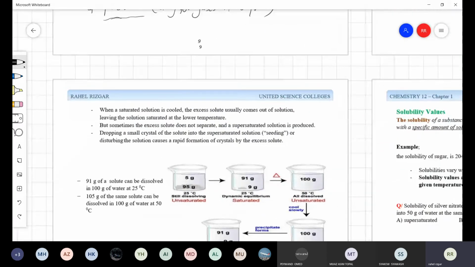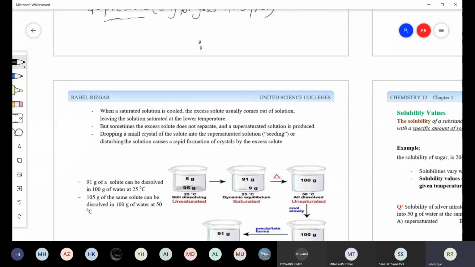Let's continue with supersaturated. What is supersaturated? When a saturated solution is cooled, at this point, you have to think about this. When it says it's cooled, it means that it has been heated first. If it is heated, more solute can be dissolved.